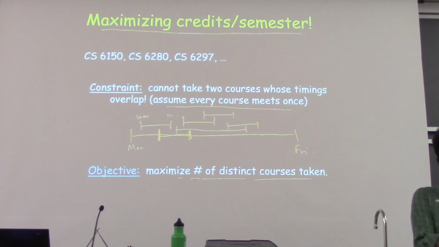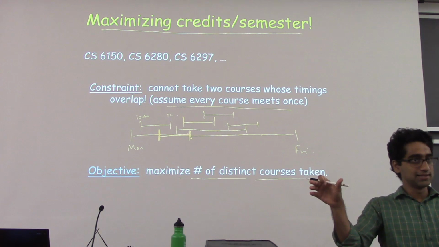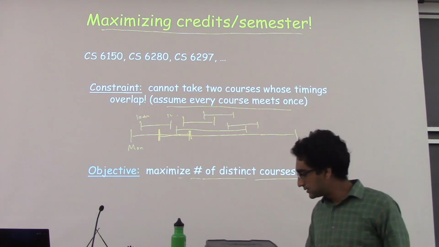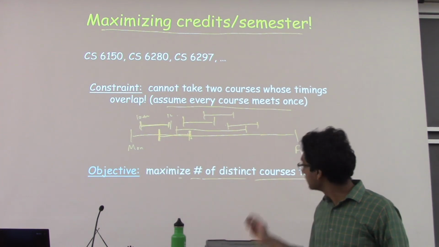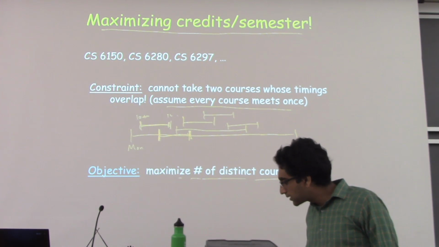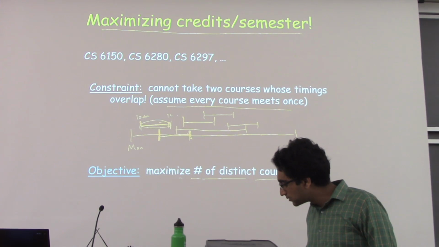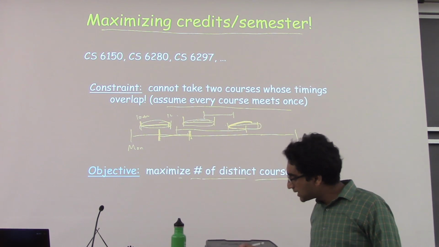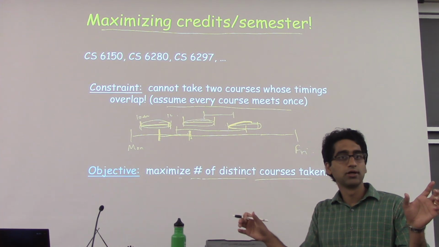So mathematically, what's the problem? You have a bunch of intervals, and each interval corresponds to one course. You want to pick a collection of these intervals such that none of them overlap.